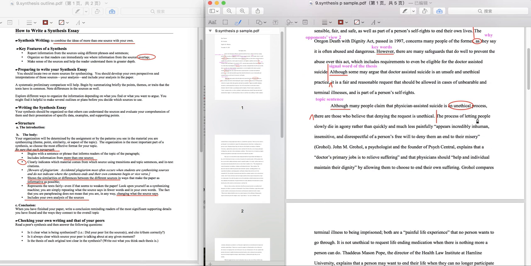The process of letting people slowly die in agony rather than quickly and much less painfully. This is the writer's own analysis, right? And then from here there is a quotation mark until here, that is other people's ideas. So the writer combined, connected, okay?